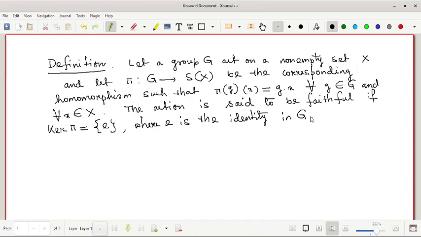We know that given an action there always exists a corresponding homomorphism, because from an action we can convert it to a homomorphism. Fine.